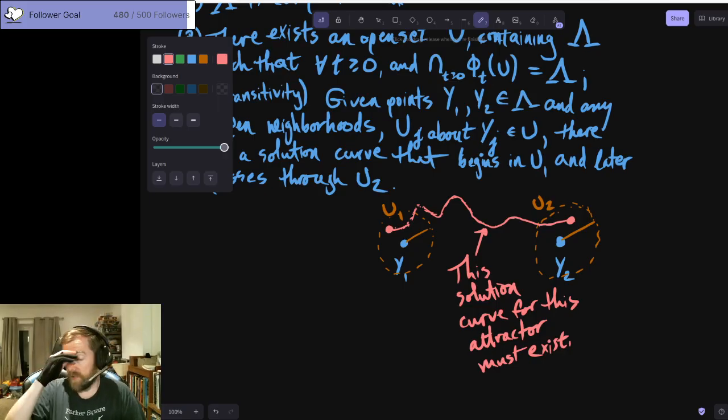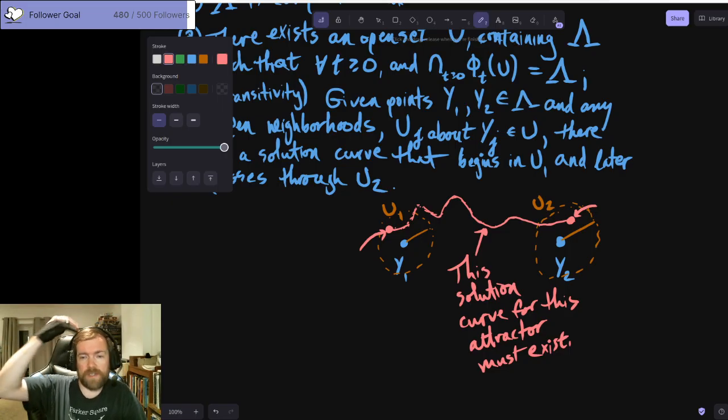Right? So we start at any particular point. We have to end at another point which is in the other neighborhood if this is truly an attractor.